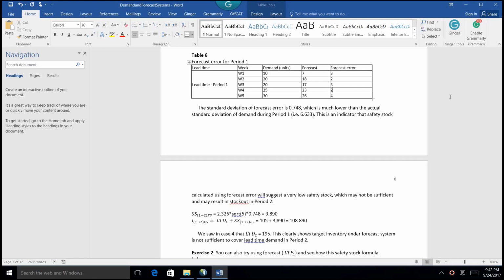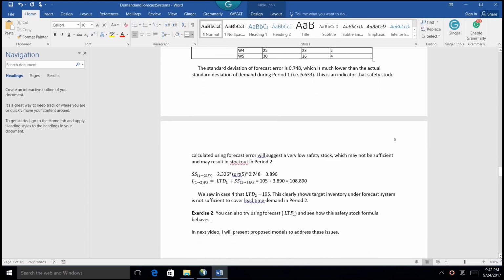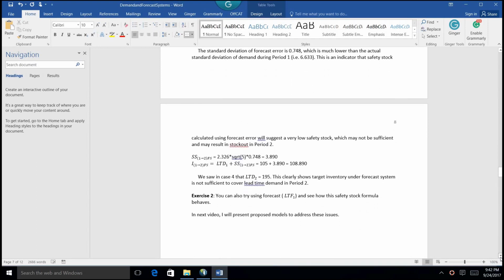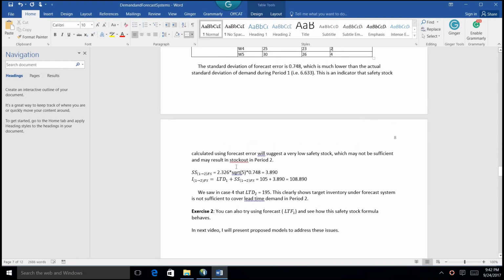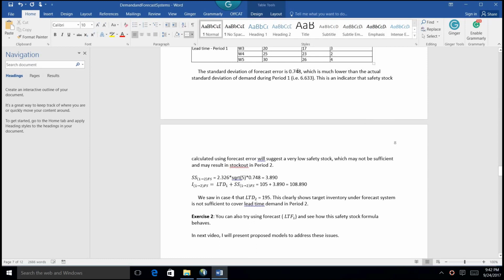Let's validate my understanding by using a very simple example. You have the data, you calculate the standard deviation of demand using this data, that is 0.748, and we are using a 99% customer service level.